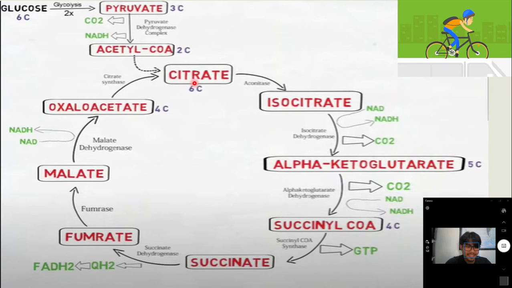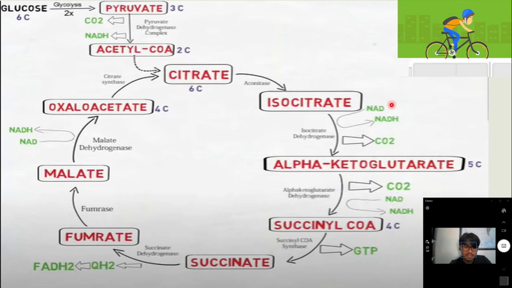Next, the citrate will be converted to isocitrate with the help of what enzyme? If you say aconitase, that's correct. Next, the isocitrate will be converted to alpha ketoglutarate.